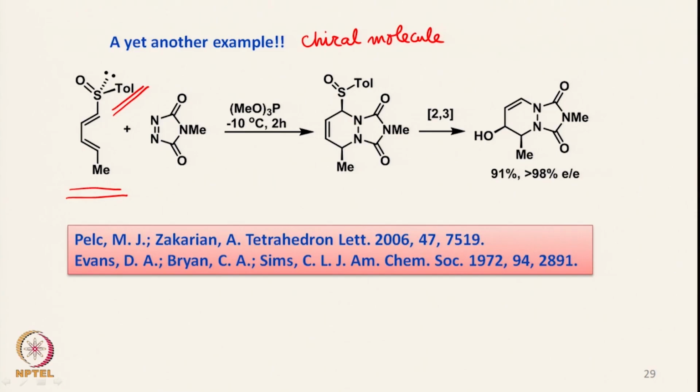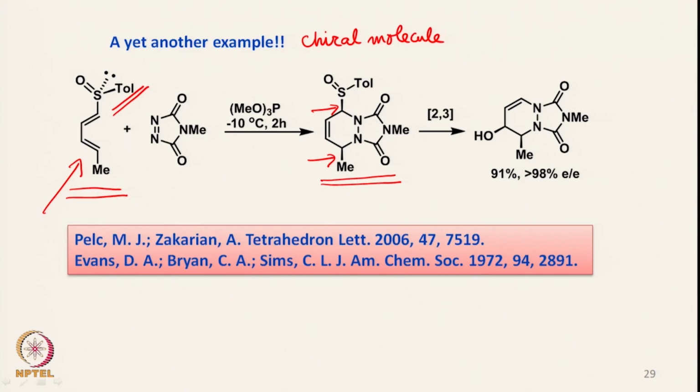So if this particular diene having a sulfoxide is made in a chiral fashion, then the Diels-Alder reaction gives this intermediate. The stereochemistry here is governed by the Diels-Alder reaction rules, which is not the scope of this particular course.